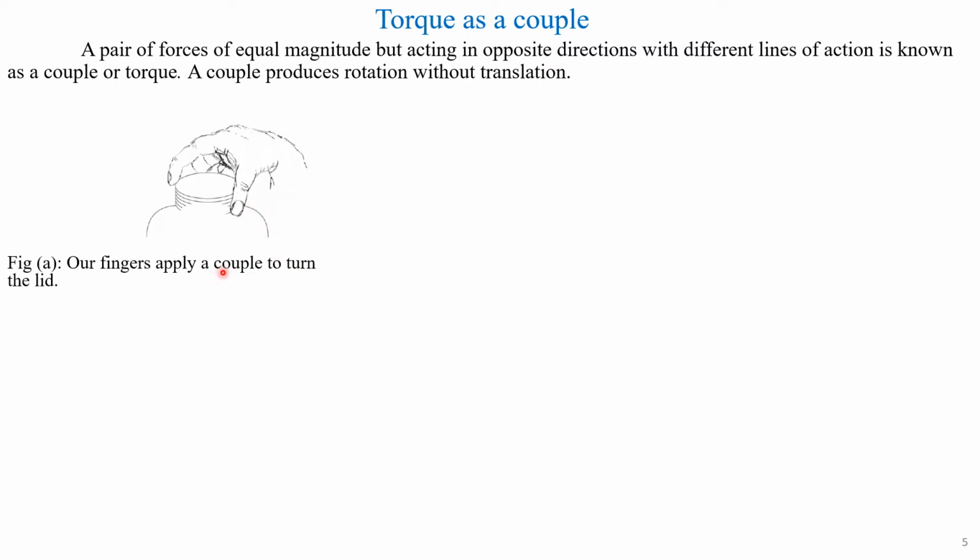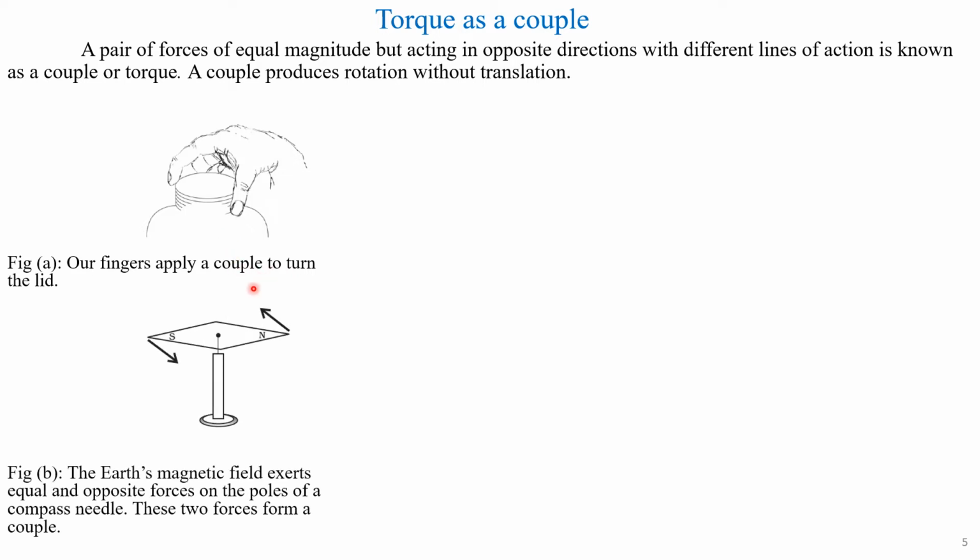So our fingers apply a couple to turn the lid as shown in figure A. Similarly, Earth's magnetic field exerts equal and opposite forces on the poles of a compass needle. This is a compass needle shown in figure B. It applies forces in opposite directions. That is, S acts this way and N acts the other way. These two forces form a couple. These are the two examples.